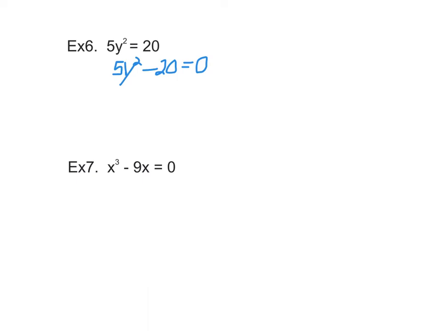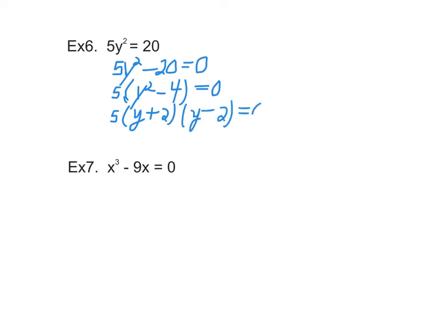I'm going to have to factor a 5 out first. You'll notice then that this y squared minus 4 that we just created is now a difference of squares. I'm going to carry the 5 down through and do a plus b, a minus b.